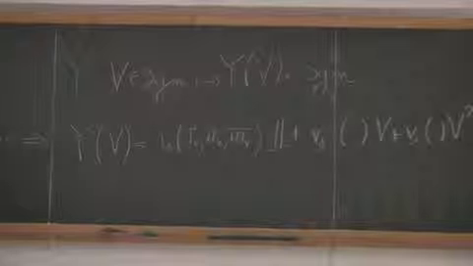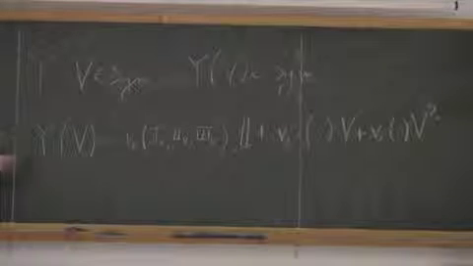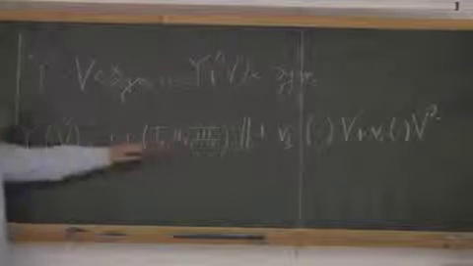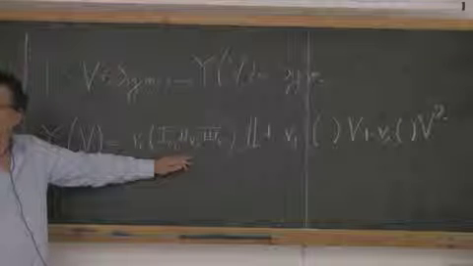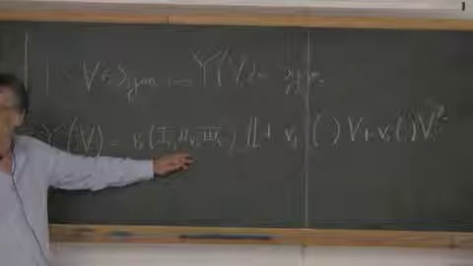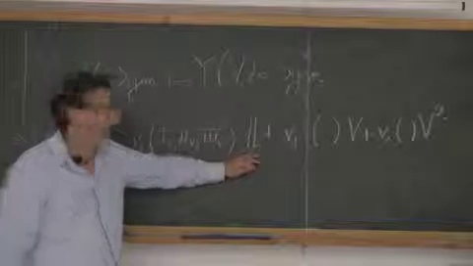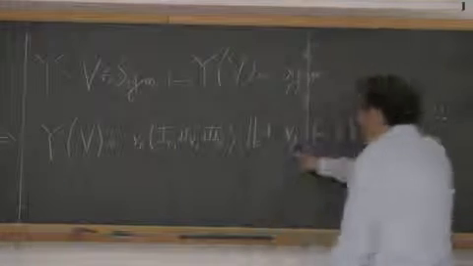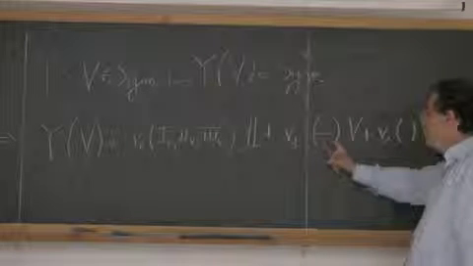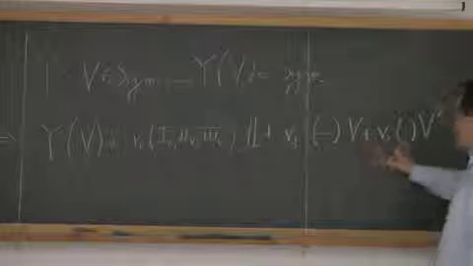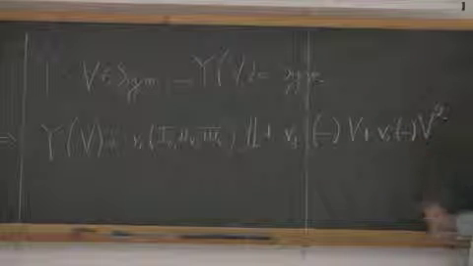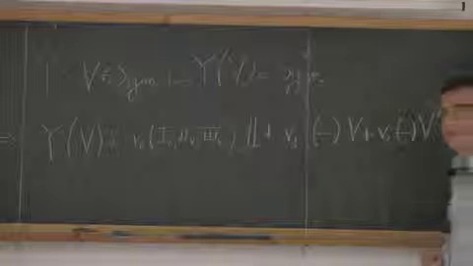Every isotropic map which maps symmetric into symmetric tensors can be represented as a scalar function of the invariants of V times the identity plus another scalar function of the same invariants times V plus a third scalar function times V squared.